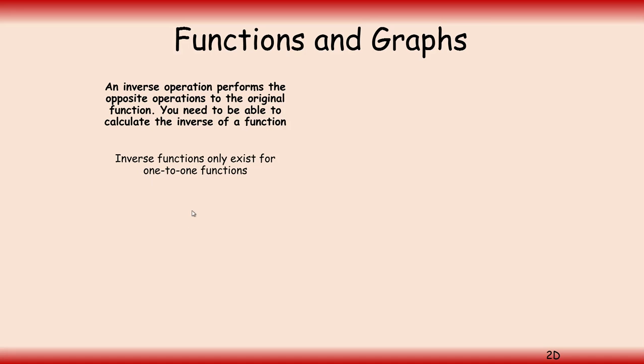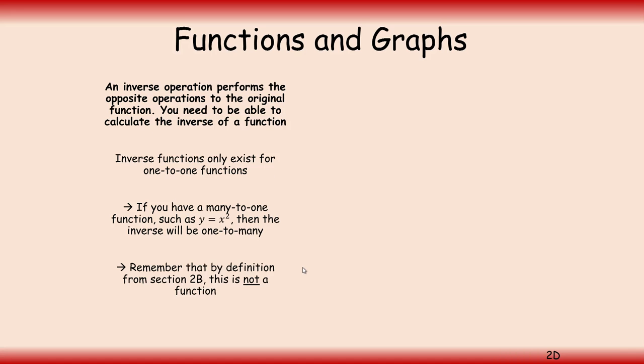Inverse functions only exist as one-to-one functions. You cannot have a many-to-one function like a quadratic, because if you inverse it, it becomes a one-to-many, and a one-to-many is not a function. So inverse functions can only exist for one-to-one functions. So we want to write that down.